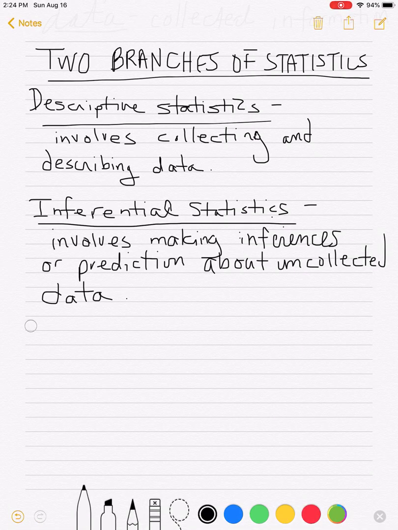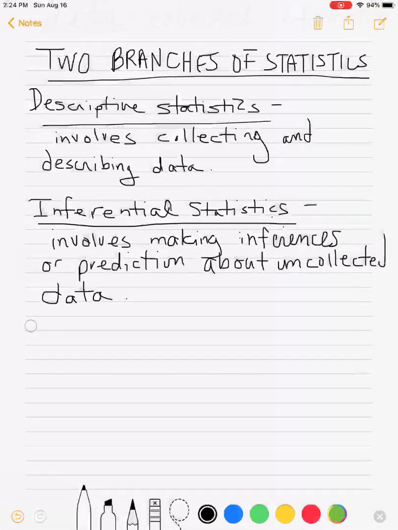All right, so a lot of times when you have a large group of things that you're interested in studying, you don't want to go out there and collect all the data on that group.